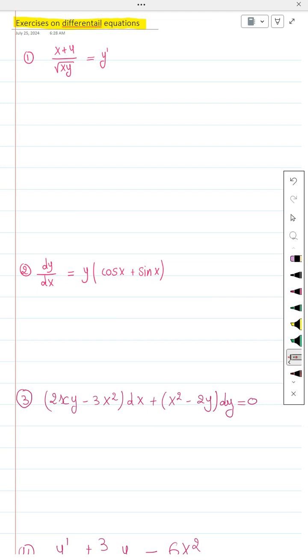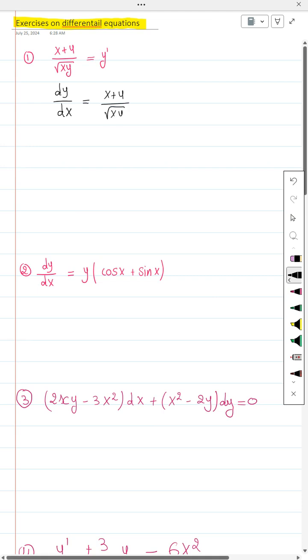As you can see here, we have y prime equal to x plus 4 over the square root of xy.